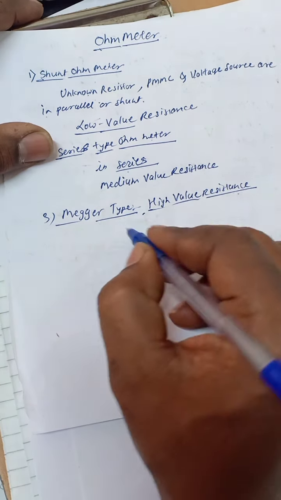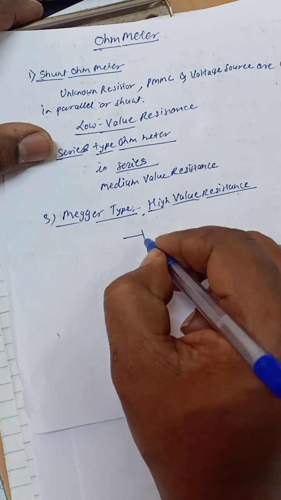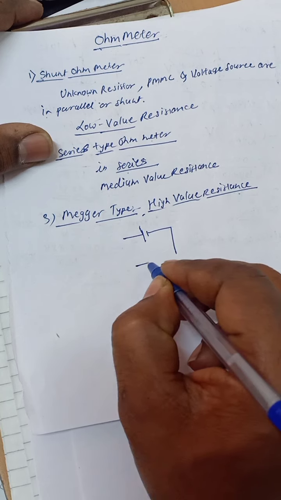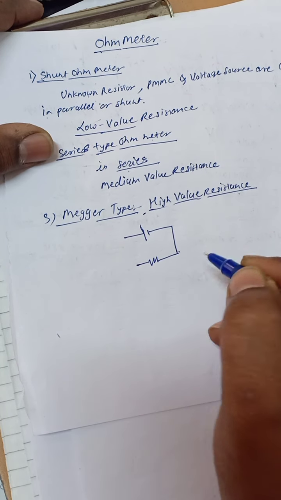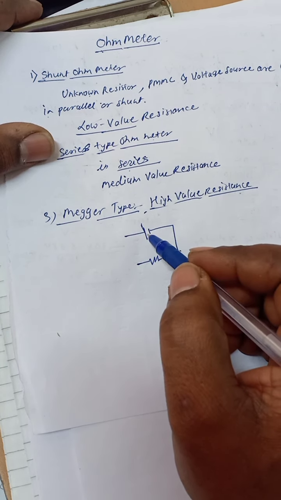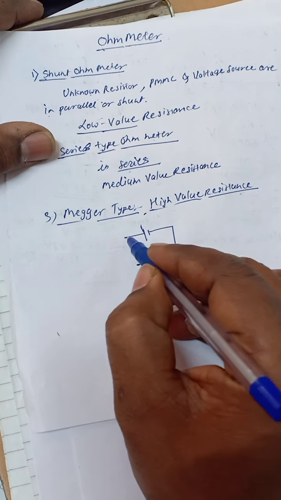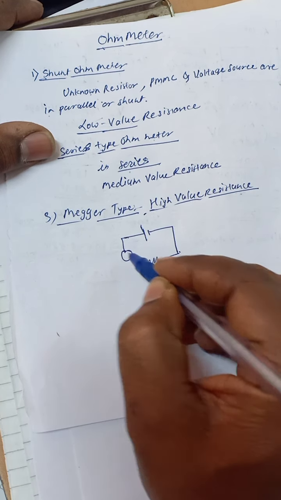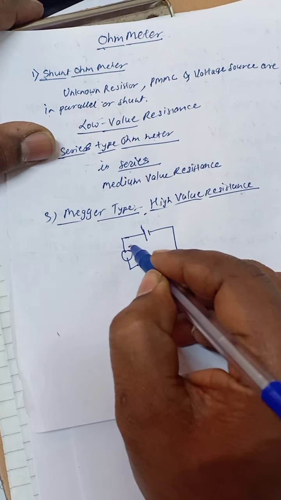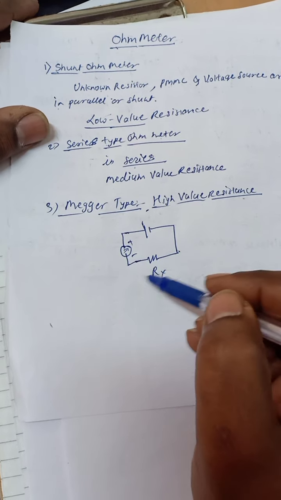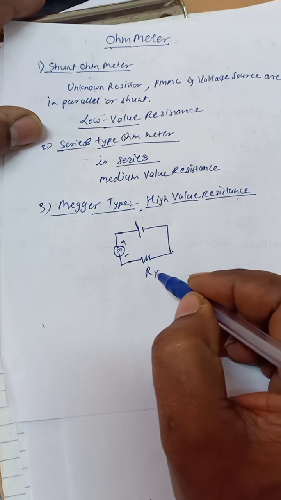In this method, we have to apply a known voltage to the unknown resistor Rx, and we are going to measure the current through the meter which is connected in series with the unknown resistor.